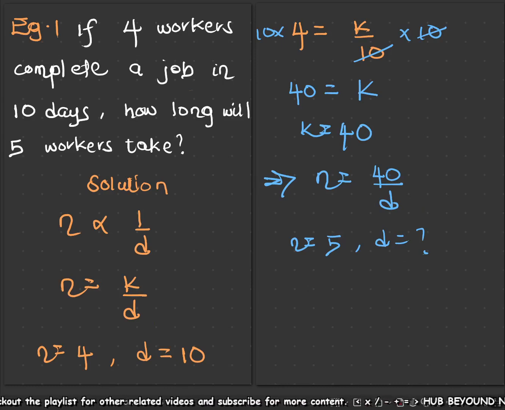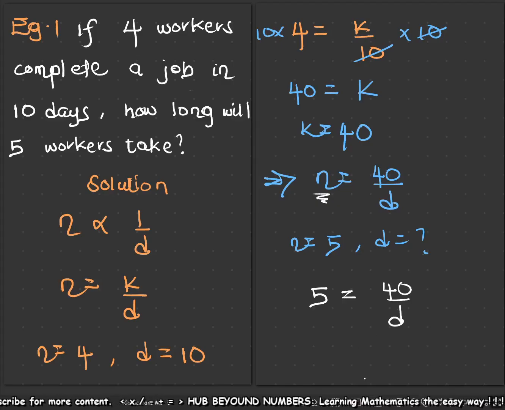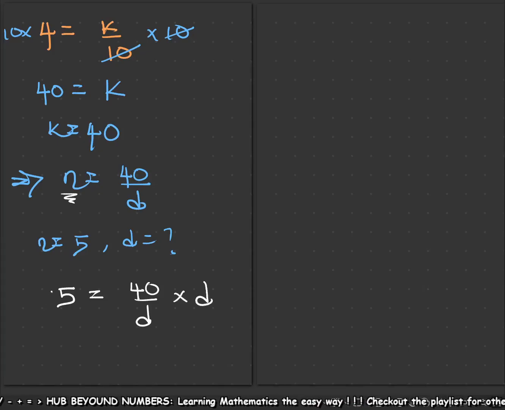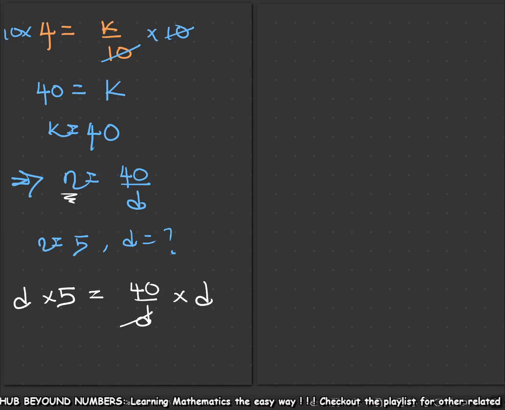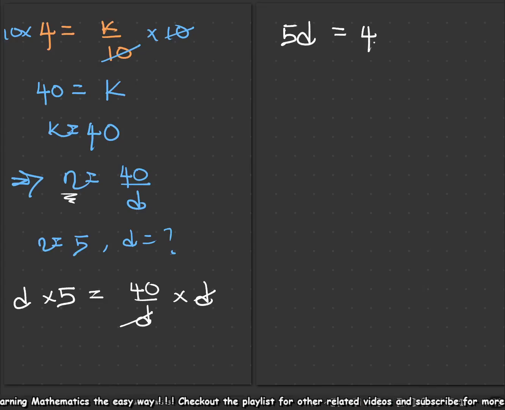How do we do that? You can simply substitute. So we have 5, for the n, is equal to 40 over d. Making d the subject, you can multiply both sides by d, where this cancels this. Then you have 5d is equal to 40.